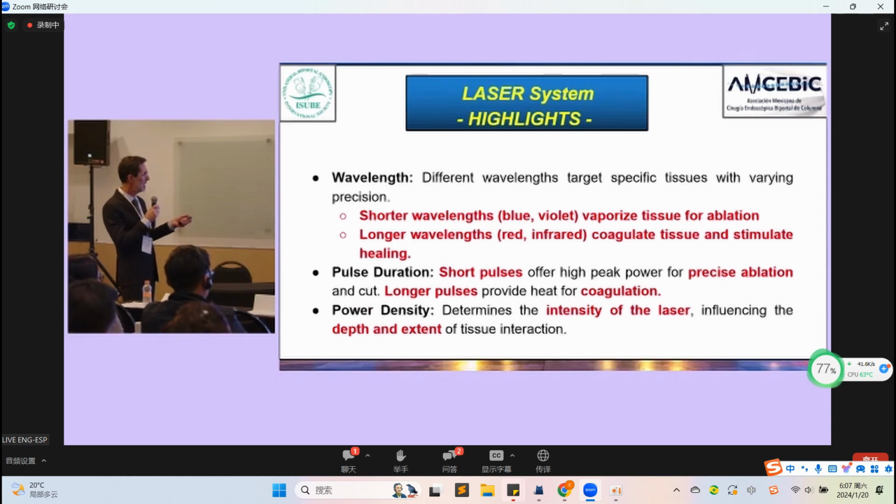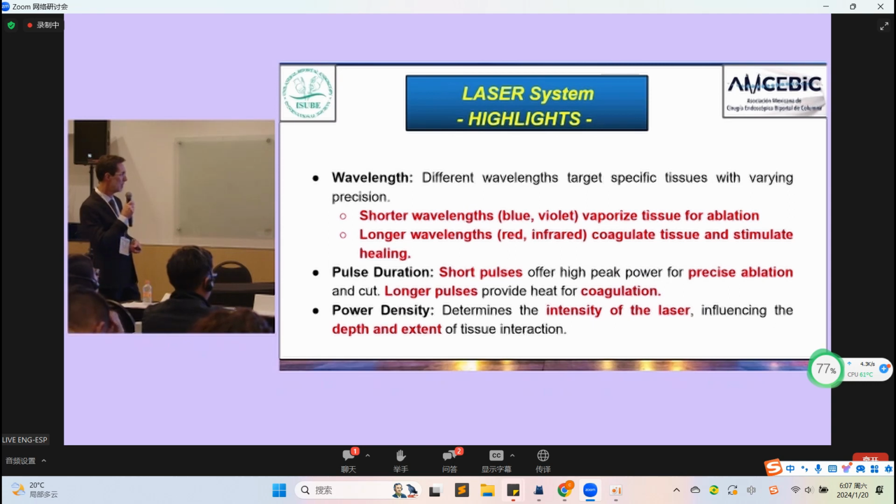Because you can use different wavelengths in different situations. Short wavelengths are used to vaporize tissues for ablation, and longer wavelengths, like red and infrared, are used to coagulate tissues.